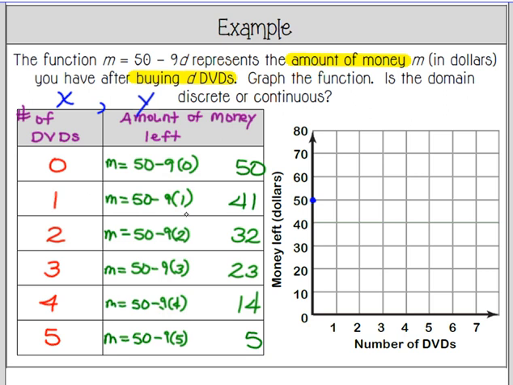The ordered pair 1, 41, so it's not going to be exact, but we can ballpark a little bit above 40 and make a point. The point 2, 32, so a little bit above 30. And 3, 23, so above 20 but less than half of the way between 20 and 30. 4, 14.